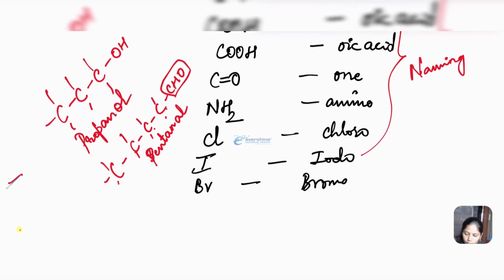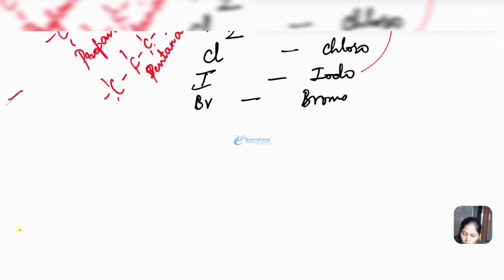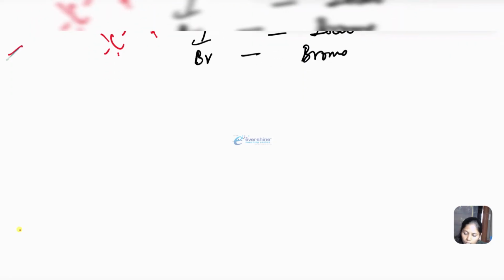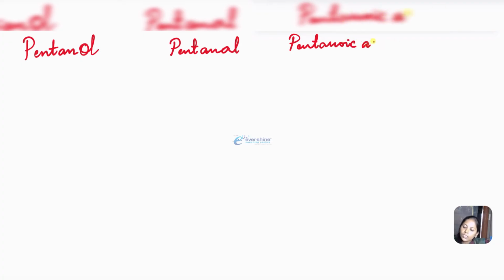So let us study how to write the structure with the functional groups. Okay, so one by one, listen. First they'll ask you to write pentanol. Otherwise they may ask you to write pentanal. They may ask you to write pentanoic acid, or pentanamine.